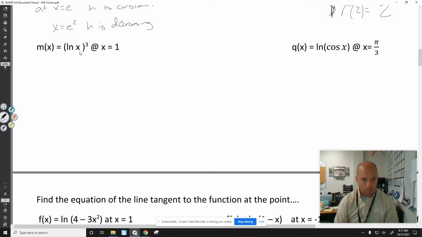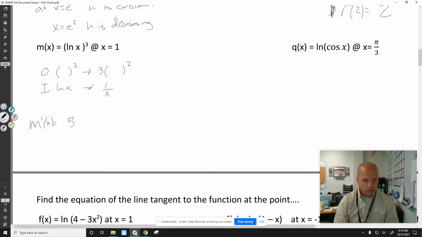Okay, this is a good one because I don't like 1. Well, whatever. We do have a chain here, but the outside is the cube. The inside is the log x. Derivative 3 stuff squared, the derivative of log x 1 over x. Now, why don't I like this one is because when I plug in 1, I'm going to get 0. So that means we're constant. So maybe I'll change this up too.